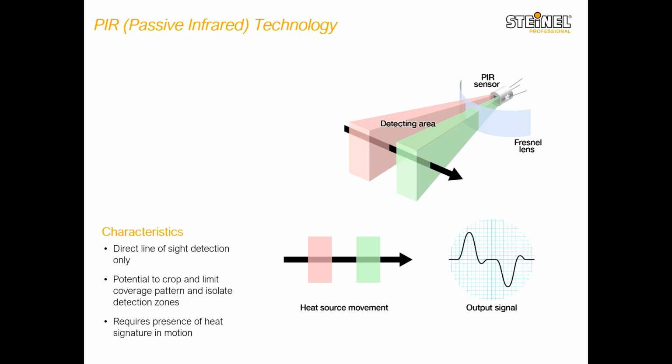A little bit of background, or just kind of stating the obvious. We usually use two main technologies for detection of movement for lighting controls purposes. The most common one is passive infrared technology.